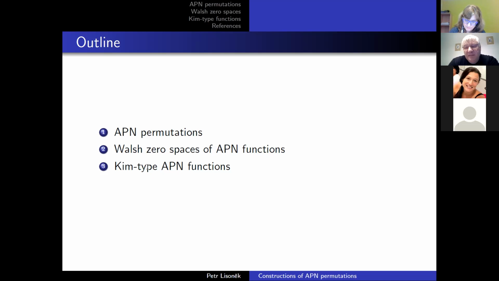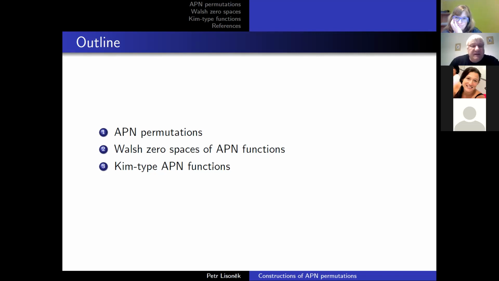However, that one will be negative in the sense that there is no new APN permutations of that type. So both is interesting from the point of view of classifying or constructing APN permutations. The first part is a positive result, and the second part is a negative result.